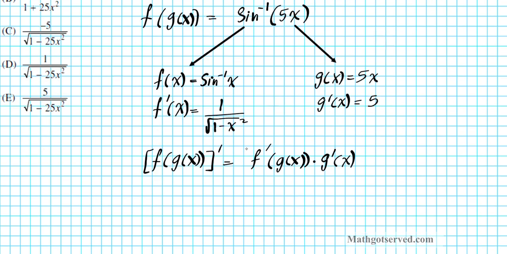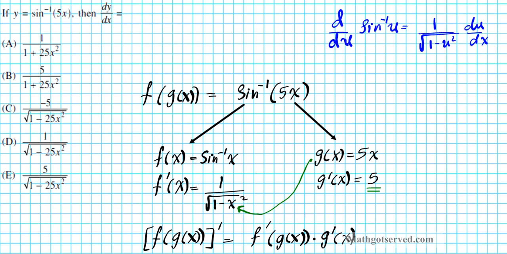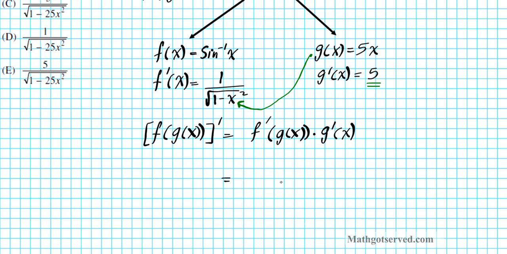All right, so let's apply this formula to the result we have here. We just take g of x and plug it into f prime of x. That will give us the first expression times g prime of x, okay? So our answer, let's see what it asks for, dy/dx. Our answer is going to be 1 over the square root of 1 minus x squared, but instead of x, we'll have 5x.